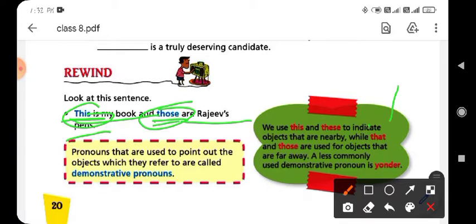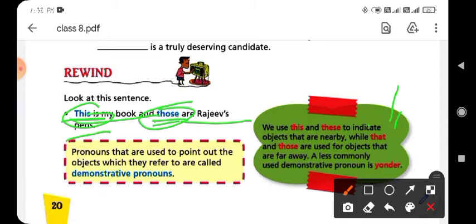So you have to know that we use this and these to indicate objects that are nearby, while that and those are used for objects that are far away. Okay, it means when something is near to you, then you will use this and these, and if an object or anything is far from you, then you have to use that and those.